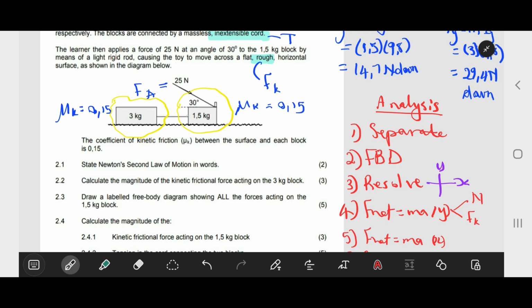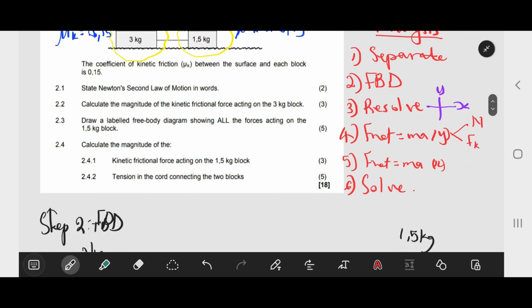We have tension, which is pulling back this 1.5 kg, then it means there will be tension acting to the left. Okay, and remember the surface is rough and this object is moving to the right, so it means we have friction that is pointing to the left. Okay, and we also have that applied force in that direction, which is 30 degrees from the horizontal.